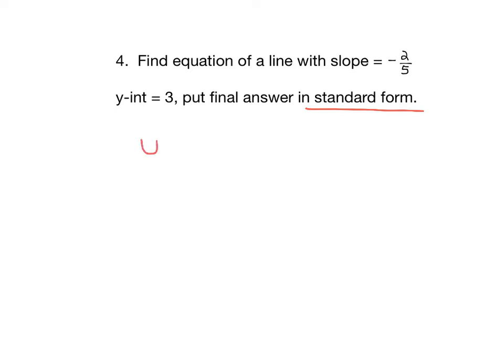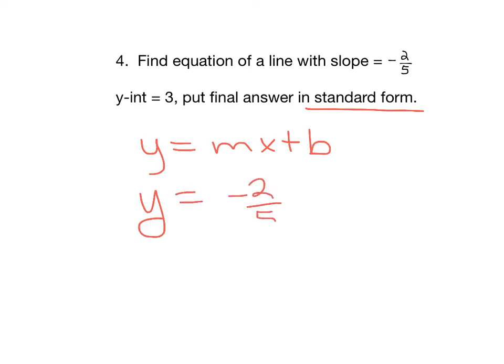So again, remember, slope-intercept is y equals mx plus b. So I'm going to put in the slope, -2/5, and then put in the b. And now this is slope-intercept, but if it says put it in standard form, which is what it said to do, I need to clear my fraction and also make my a term positive.